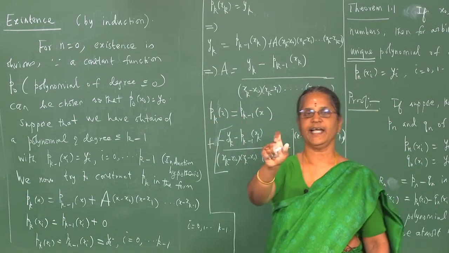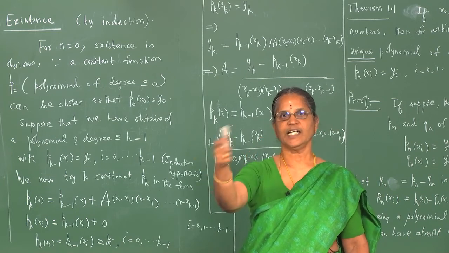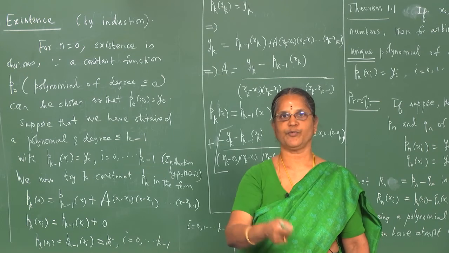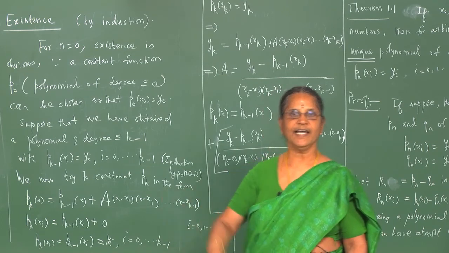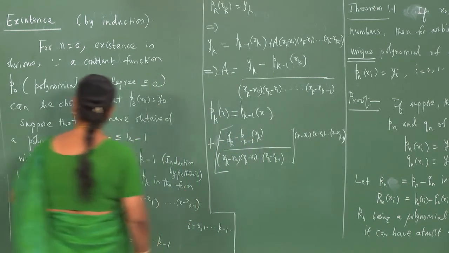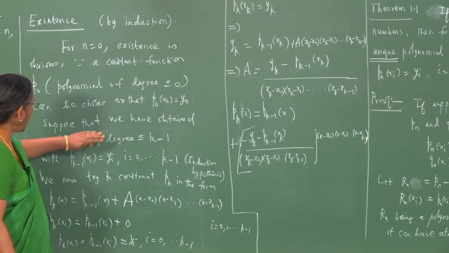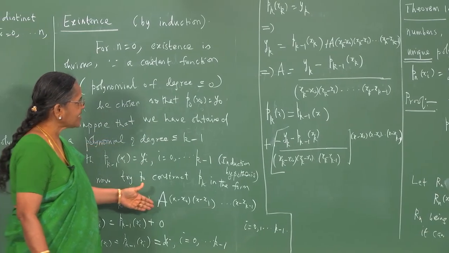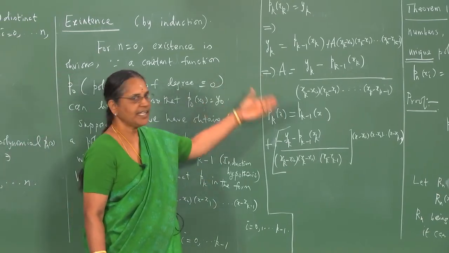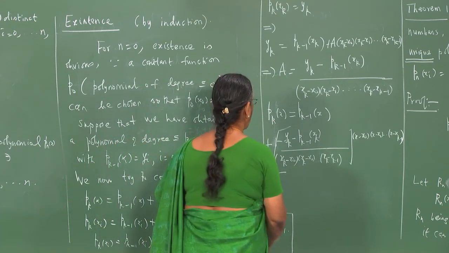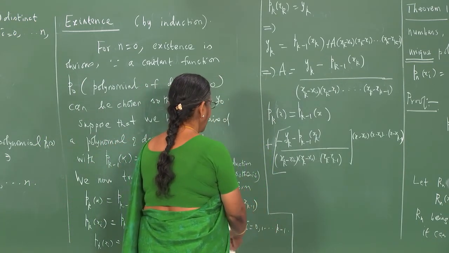So, pk interpolates the function at a set of k plus 1 points x naught, y naught, x1, y1, etc. xk, yk. So, assuming that pk minus 1 has been obtained, we have been able to construct a polynomial of degree k. So, the result is true for all n by induction.